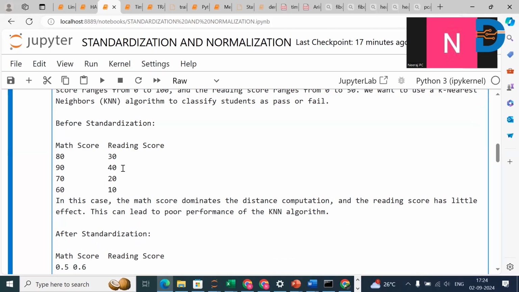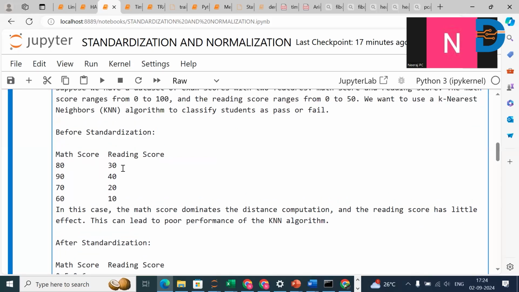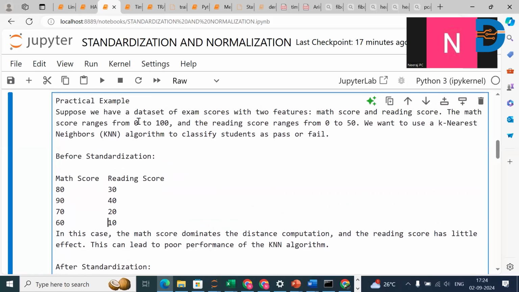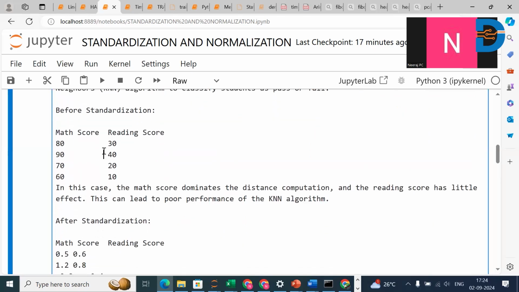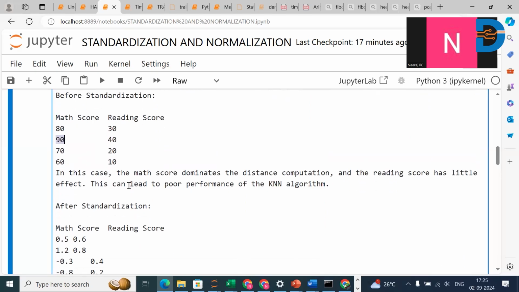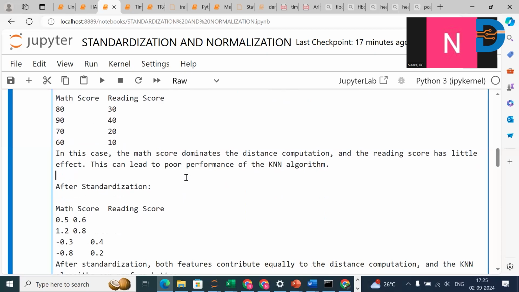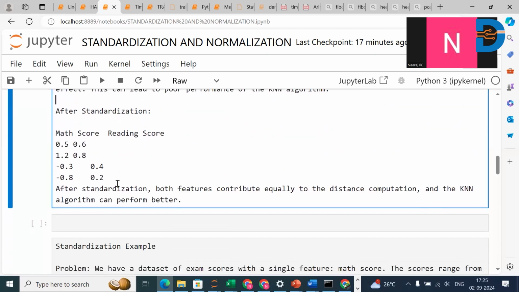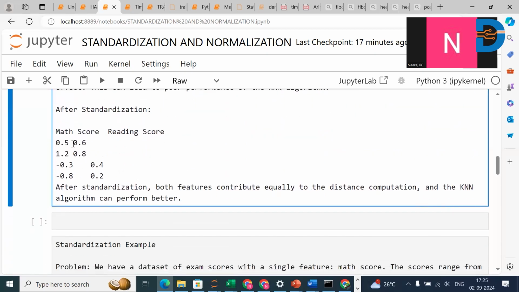Maybe the reading score test was out of 50, and the math score test was out of 100. So scoring 50 is almost the same as scoring 85 or 90 out of 100. So how do we show the equality? By standardization. Standardization will change the scores in such a way that the mu is 0 and the standard deviation is 1.